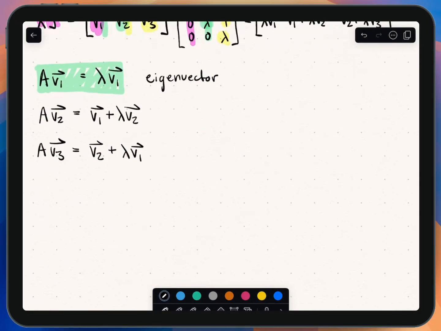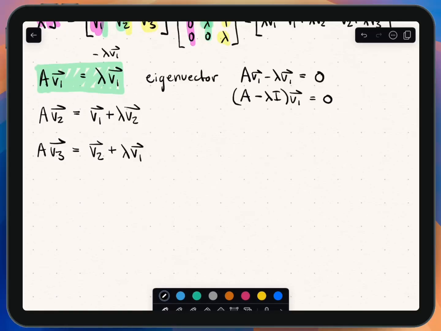And when we say the eigenvector, we have the eigenvector formula, right? So if I just do minus lambda V1 on both sides, we get A V1 minus lambda V1 is equal to 0, which means that I can factor out the V1, and I get A minus lambda I times V1 is equal to 0.